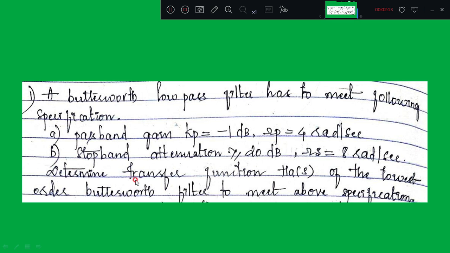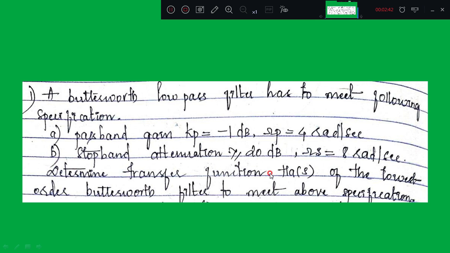We are asked to determine the transfer function of the analog low pass Butterworth filter, HA of S, of the lowest order Butterworth filter to meet the above specification. So we have to design the lowest order Butterworth filter to meet the given specifications such as Kp, omega p, Ks as well as omega s.